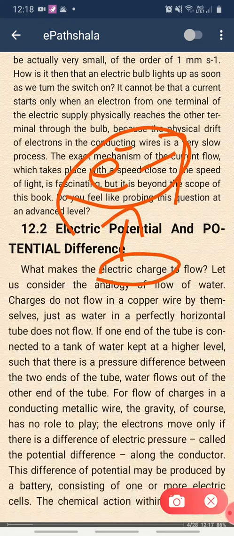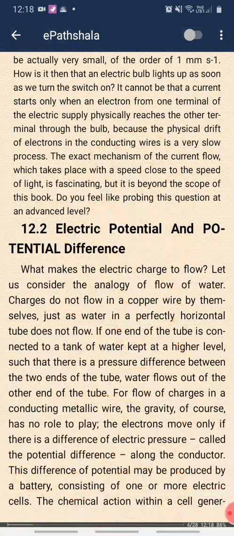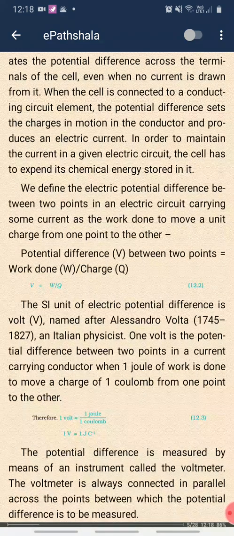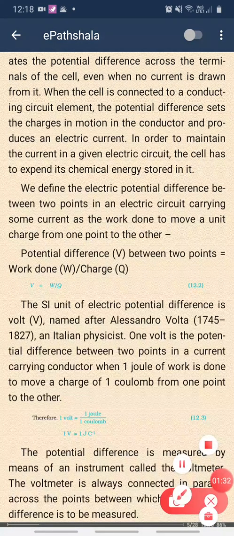Okay, so how is that done? That is done with the help of a battery. You can see here the word battery is mentioned. With the help of a battery, these electric charges can be made to flow. And what happens exactly in the battery? Inside the battery there are certain chemicals that keep on reacting and produce this driving force, or potential difference, across the terminals.